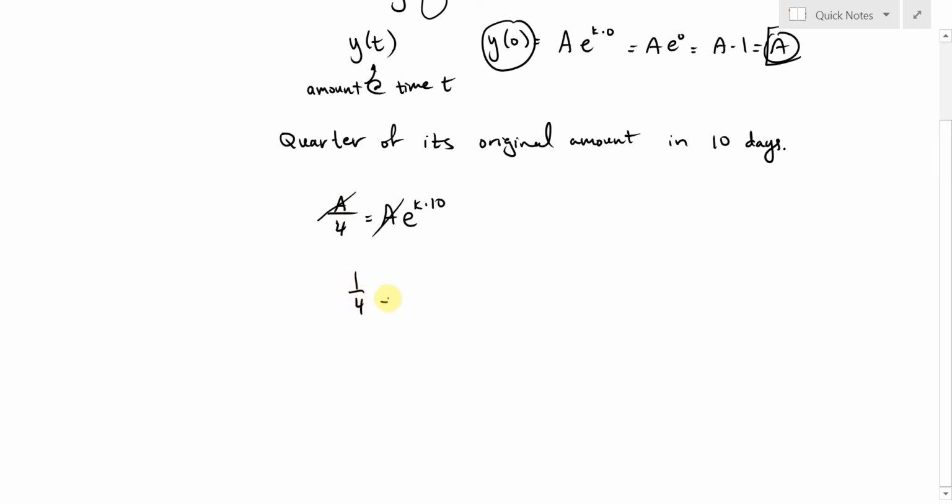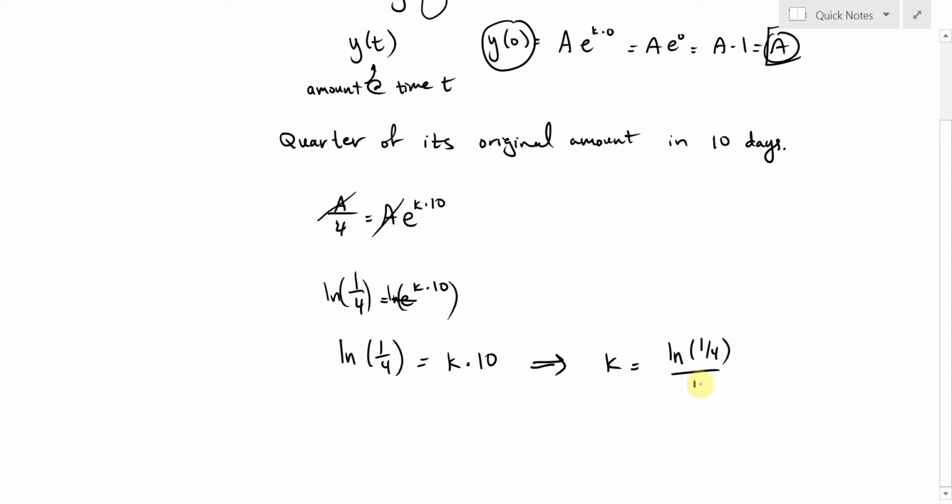A fourth is equal to e to the k times 10. You take the natural logarithm of both sides, ln of this, ln of that. The ln cancels with the exponential here, and what you get is ln of a fourth is equal to k times 10, or k equals ln of a fourth over 10.